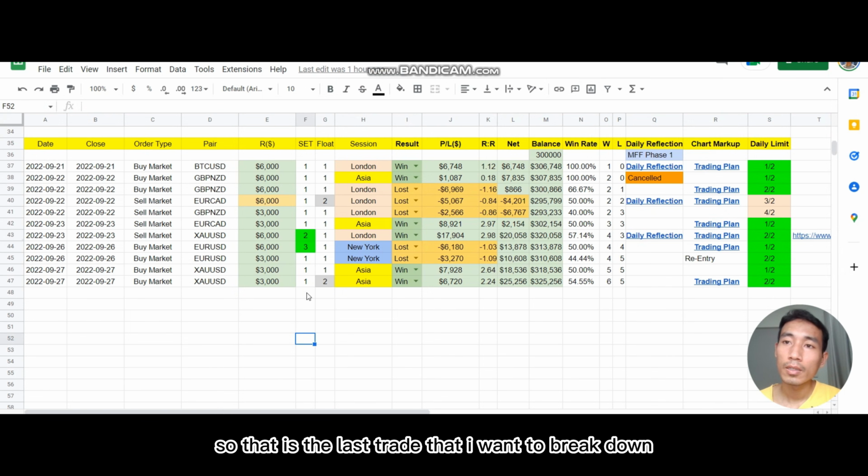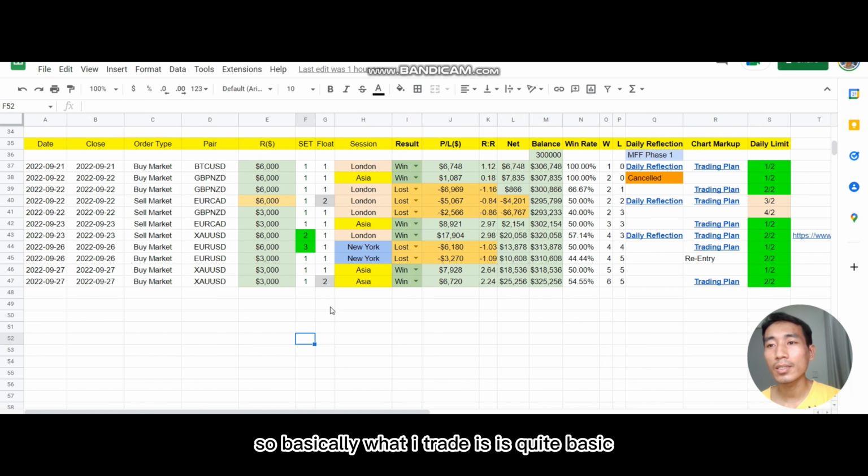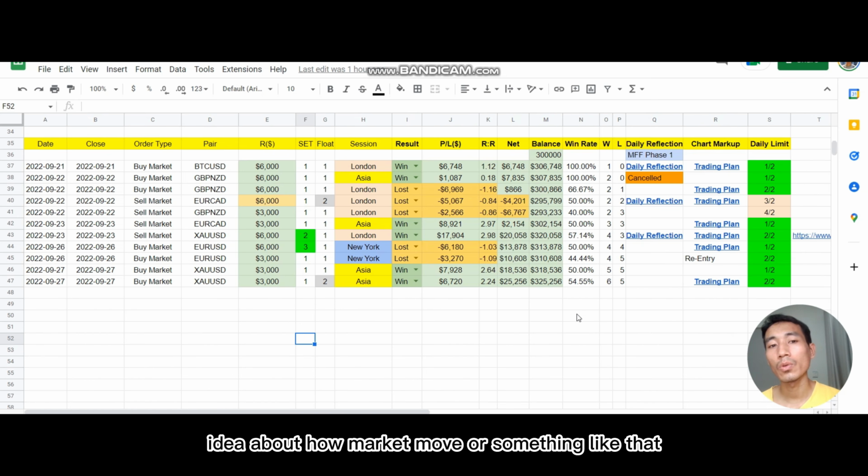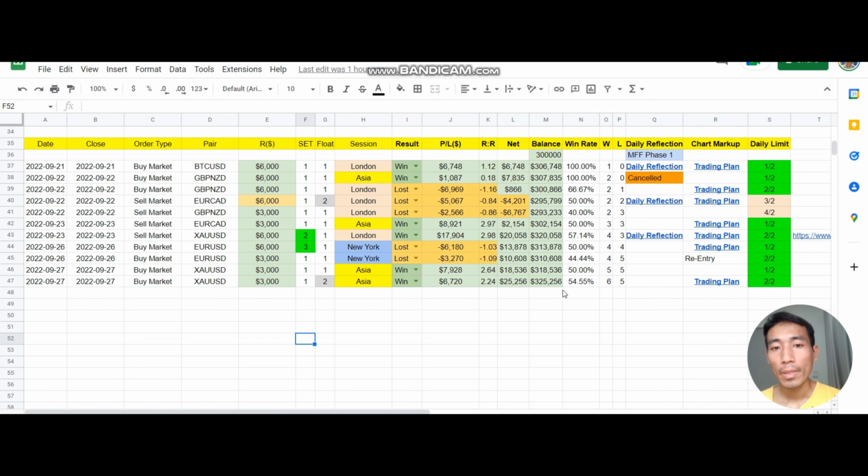So that is the last trade that I want to break down. So basically, what I trade is quite basic. If you learn the Inner Circle Trader, if you learn about his 2022 mentorship, you may have some idea about how the market moves.